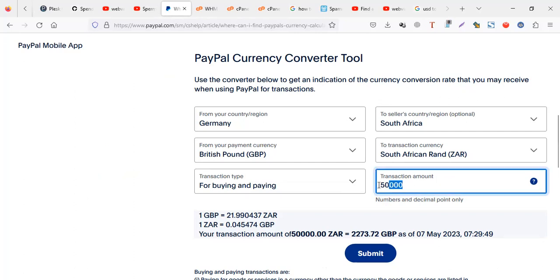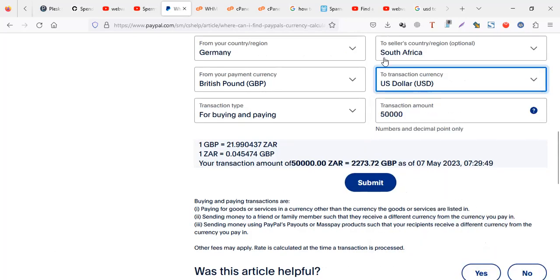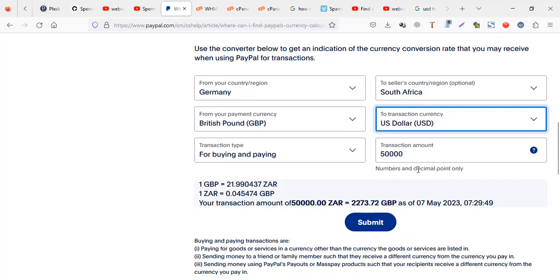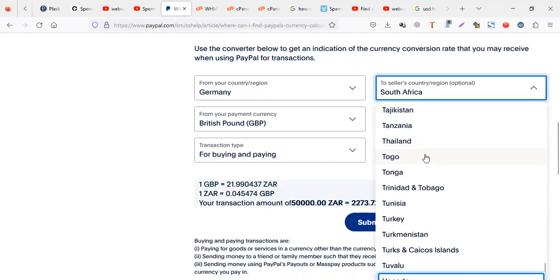So for some of you who didn't know, PayPal is charging you a bit on the currency. So let's say we are paying something this time in dollars. Let me say US dollars, and I'm going to pay something like $100, from anywhere.